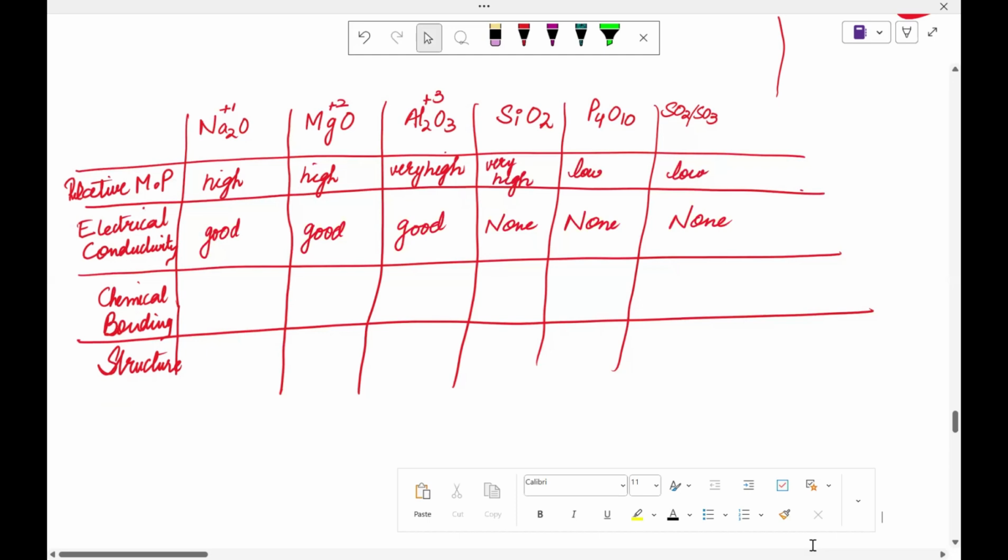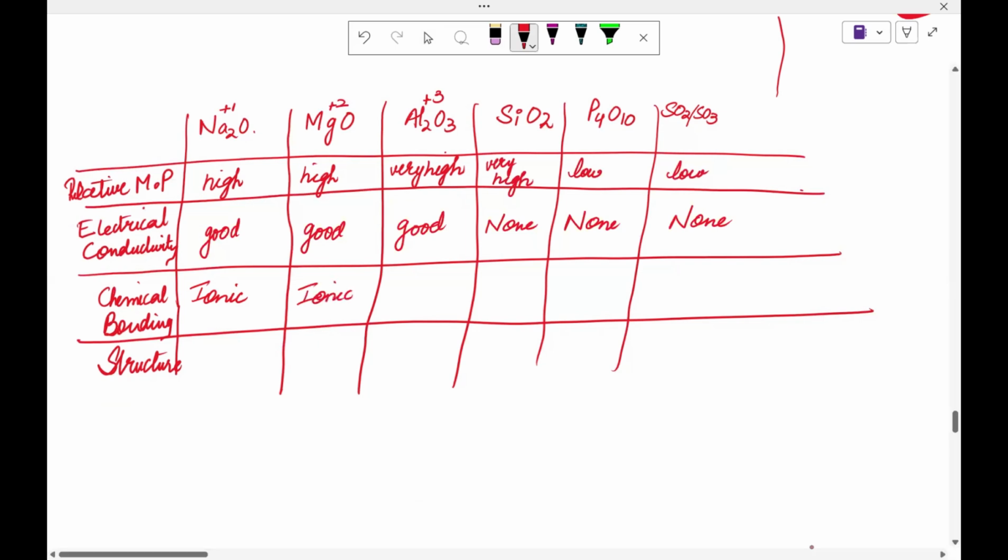If we discuss the bonding of sodium oxide, it is going to have ionic bonding because one is metal and the other is non-metal. Same is the case with magnesium oxide, which also has ionic bonding.